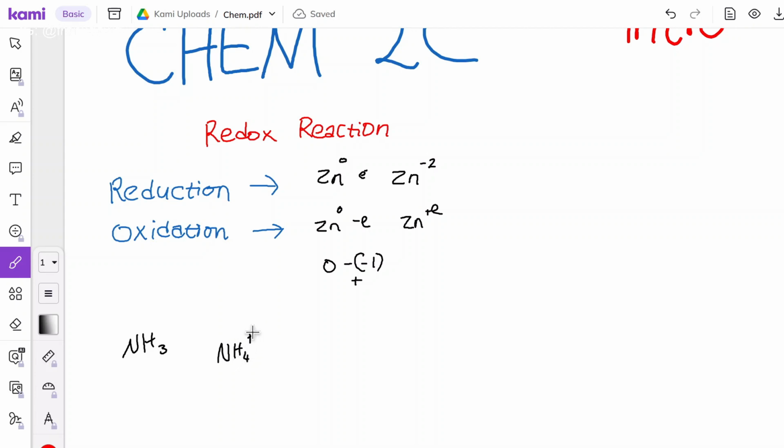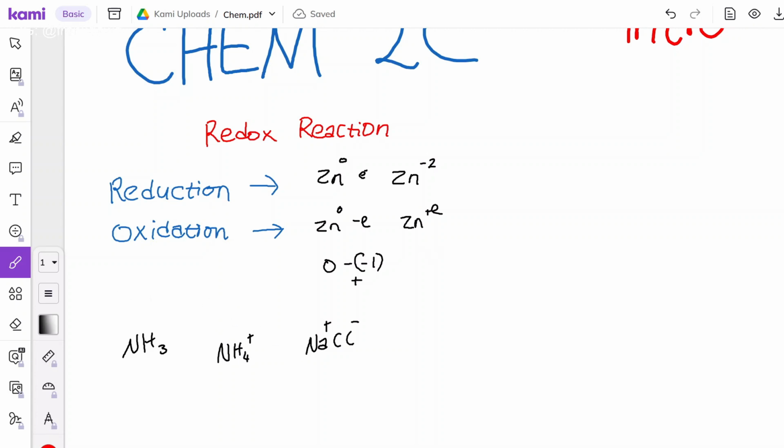So now you know this ammonium is positively charged. And something else like sodium chloride, which is basic salt, you should know that the Na is usually positively charged and the chloride is usually negatively charged. And these are going to be the same for redox reactions. The chloride is always going to be negative and the sodium is always going to be positive.